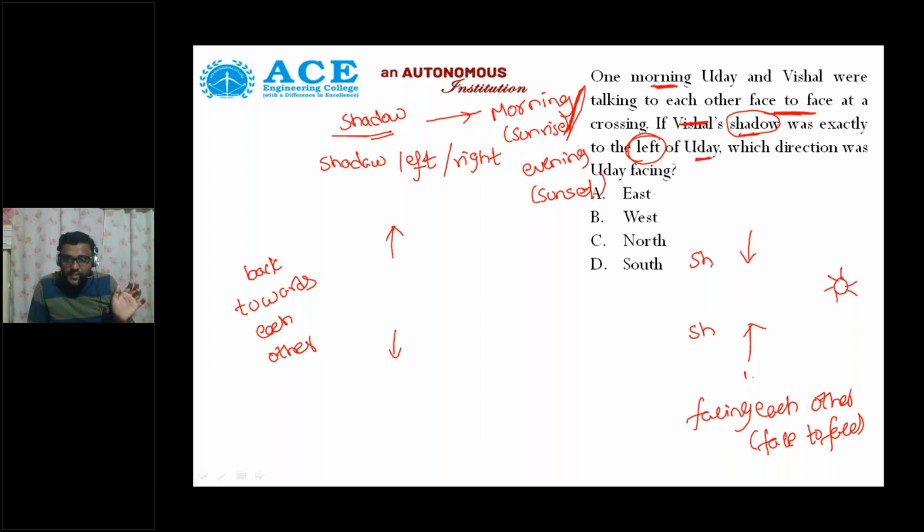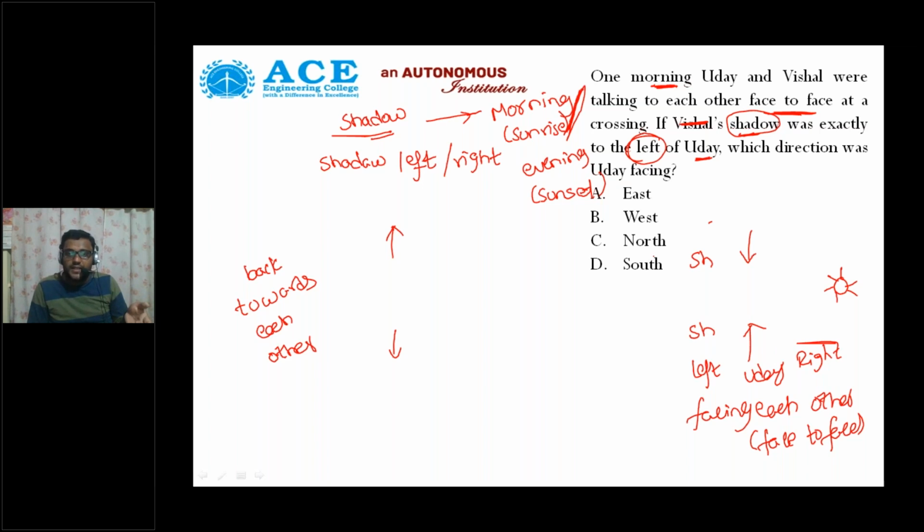Now if Uday is here, then shadow will be left. Yes, correct. So like that depends on whether shadow is left or right, then we'll arrange. If suppose shadow is in the right, then Uday must be here. When it is facing towards south, right is this, left is this. So for Uday, when he is facing like this is left side, this is right side. So shadow is left of Uday is correct.